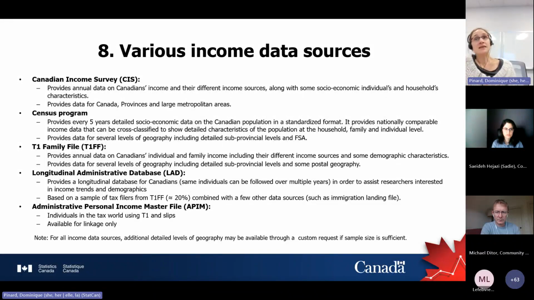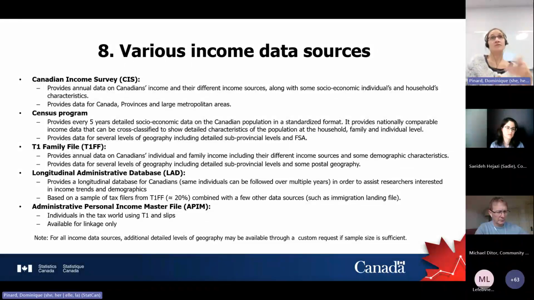And the last item that's available currently is the administrative personal income master file. This file is really rich because it includes individuals in the tax world, which means that they could be tax filers, but they could have received any other slips from the CRA, but it's available only for a linkage at the moment.